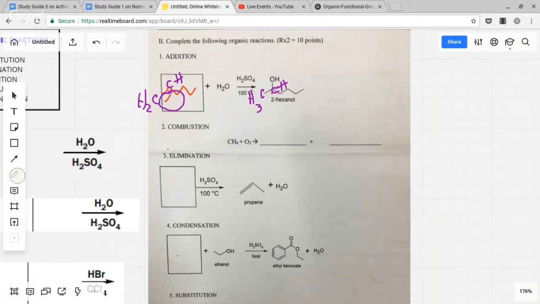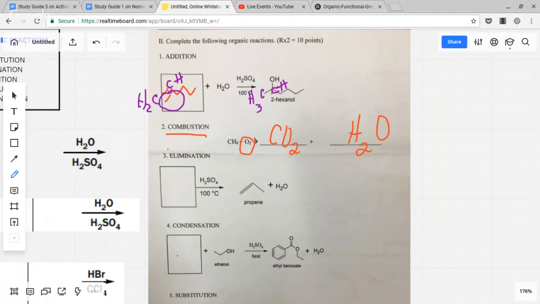Let me now proceed to number 2. Number 2 is what we've said, combustion, and it's the easiest. So in a combustion reaction, of course, you expect you've got an alkane and you add oxygen gas on the reactant side. Because this is complete combustion, the products that you will get are always CO2 and water.